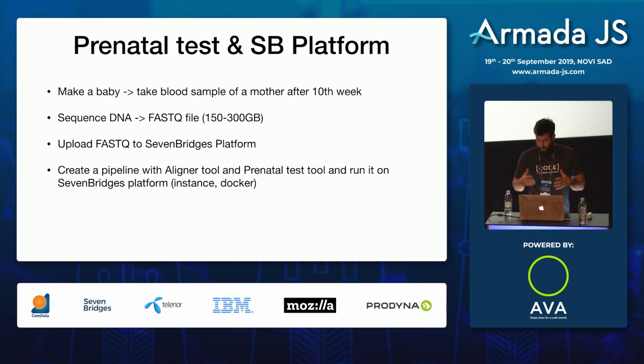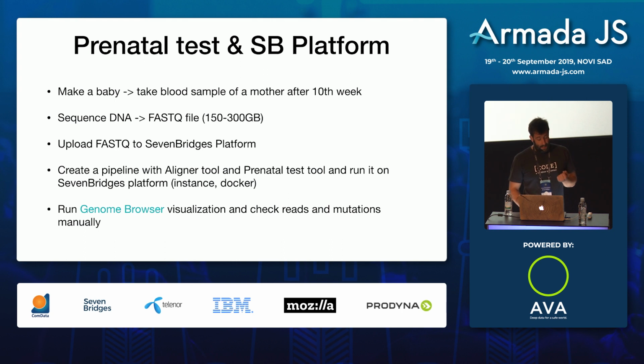All the tools will be downloaded to that instance. Okay, they are Dockerized, and all files will be downloaded. All computation will be done, and you will just get your files on your project. And then you could run a Genome Browser visualization and check the reads and mutations manually.